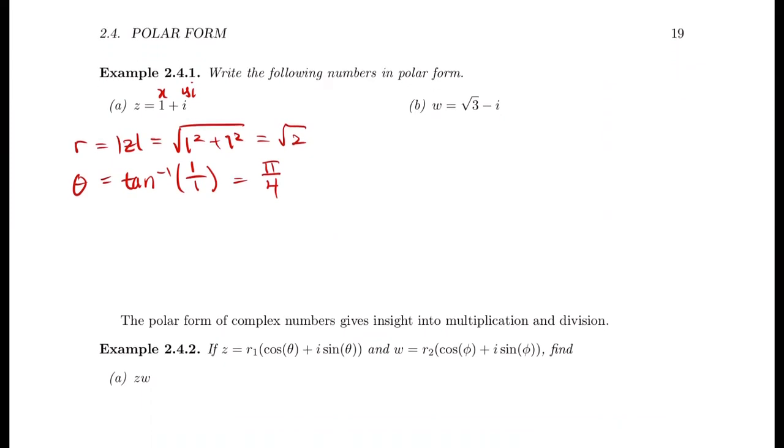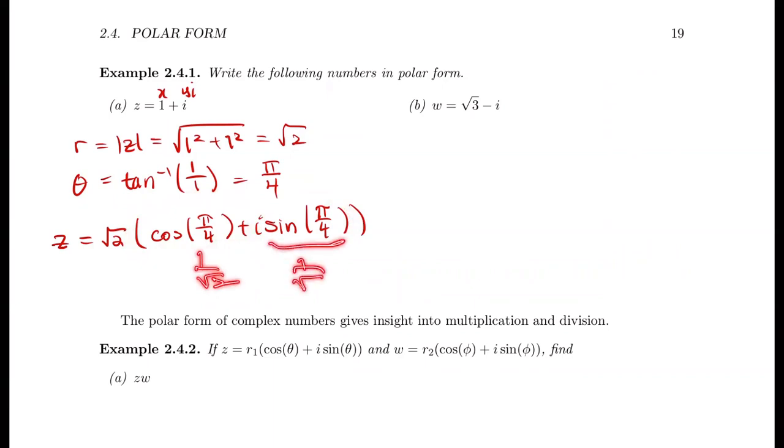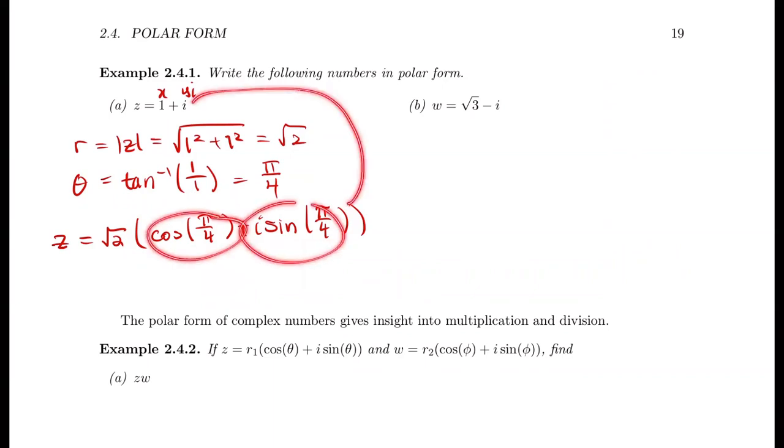Then we put this into the polar form, which is z equals root 2 times (cosine of pi over 4 plus i sine of pi over 4). If we try to evaluate this by hand, cosine and sine are each 1 divided by root 2, and if we distribute and evaluate everything, we would get this exact form back here. But that's not the point of the polar form. We want to leave it as is.